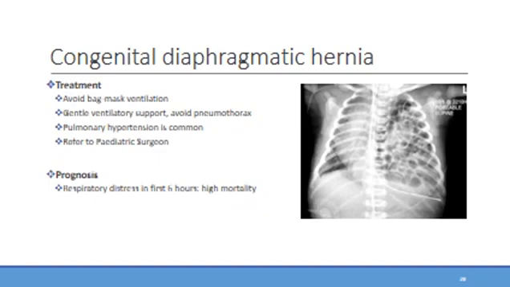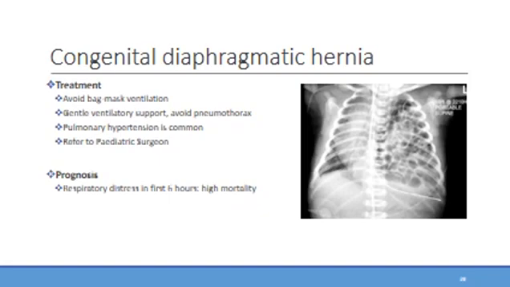Pulmonary hypertension is very common, and then these babies are referred to the pediatric surgeons, and if the baby has enough lung capacity to survive the surgery, they can then reduce the bowels and repair the defect in the diaphragm.